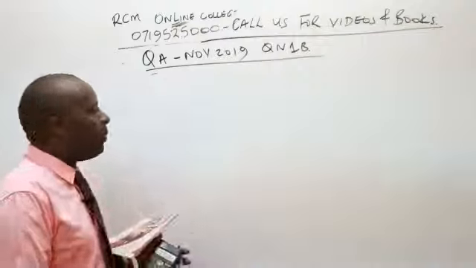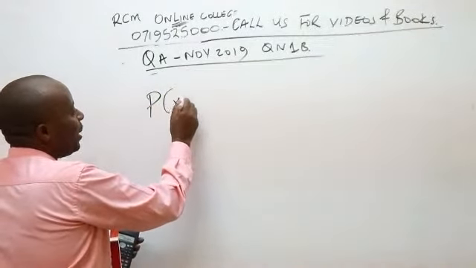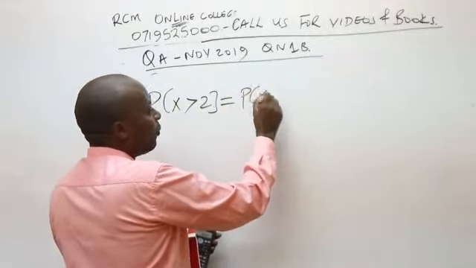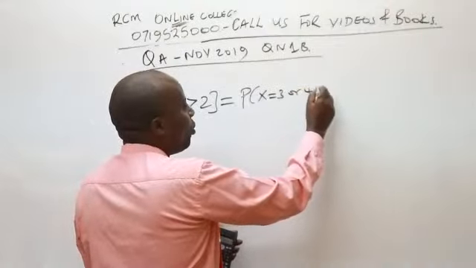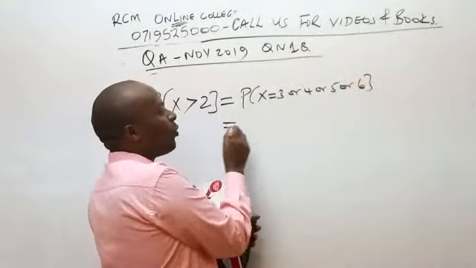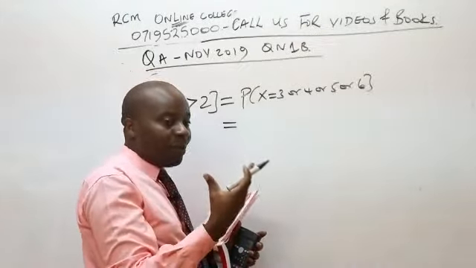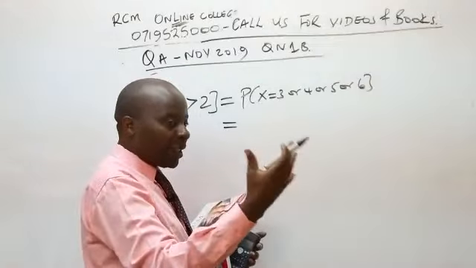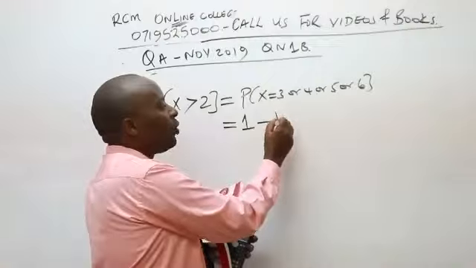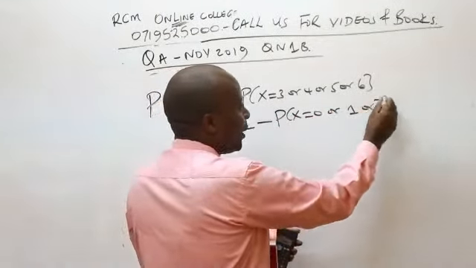Still, it is the probability of x being more than 2, which will be probability of x being equal to 3 or 4 or 5 or 6, which again calls for the complementary thing. This could be too many at times. It's important for you to understand that complementary means to complete. So events to complete, it will be 1 minus the missing events, which basically will be probability of x being equal to 0 or 1 or 2.